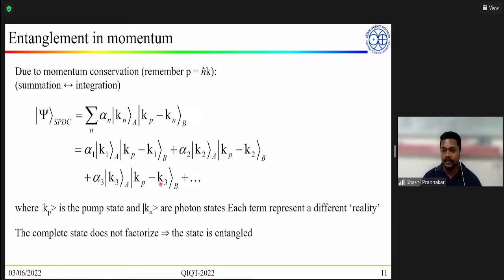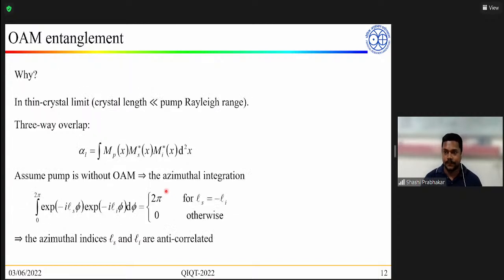And these complete states do not factorize, so these are entangled states. Factorize means we cannot separate them into one combination of signal and one combination of idler. So by default, the momentum states are entangled states.